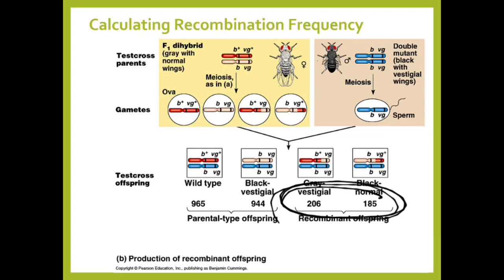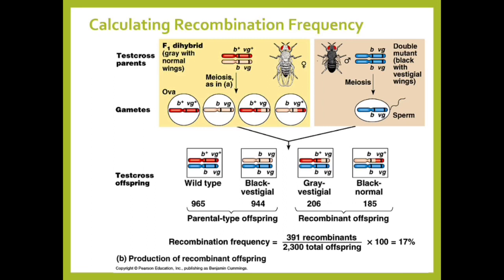You can pause it and add it together real quick. I'm going to divide those by the total number of offspring, which is 2,300. I'm going to multiply by 100 to give me a percentage, and I'll get a recombination frequency of 17%.